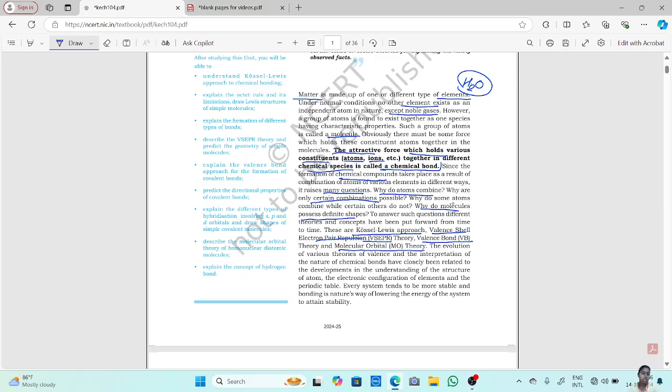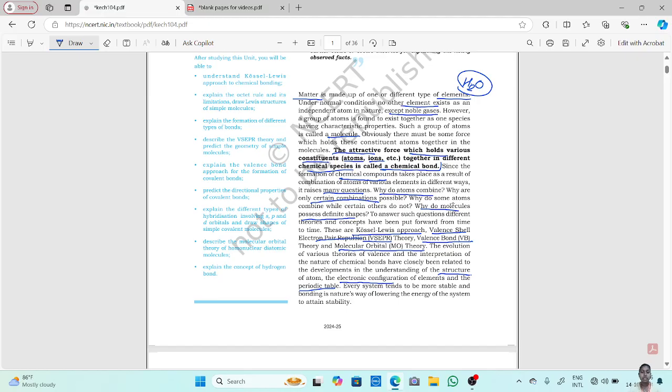Structure of atom we have seen, electronic configuration also we have done, periodic table also we have seen. Depending on them, these theories and concepts are given.